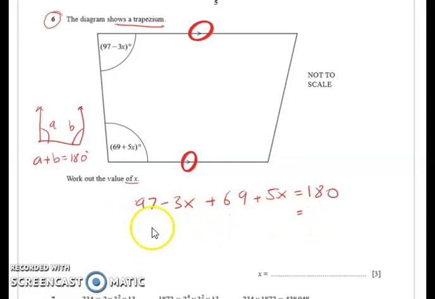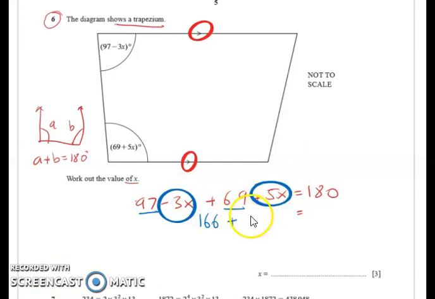This 97 and 69, we can add first before we move them. When we add these, we are getting 166, and then minus 3x and 5x gives us 2x.